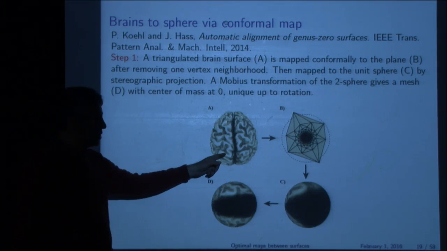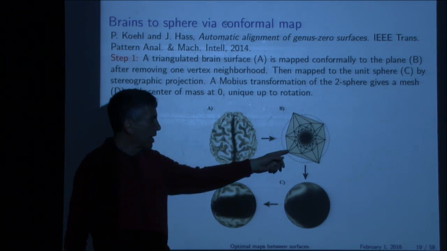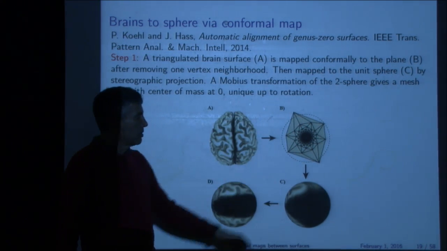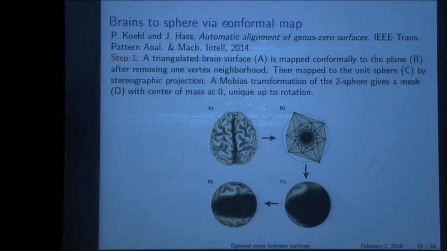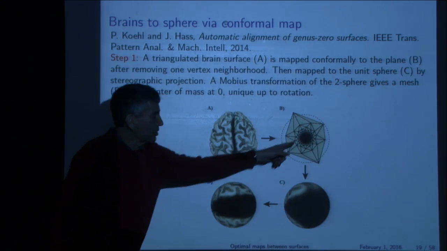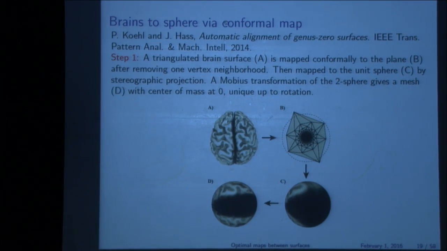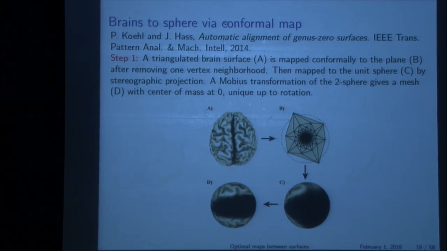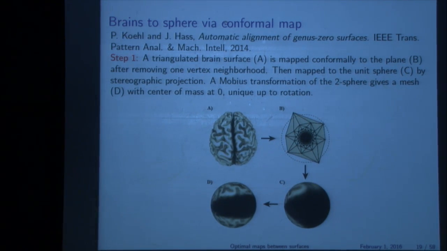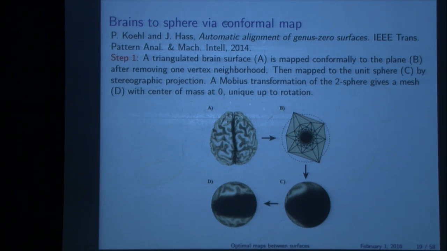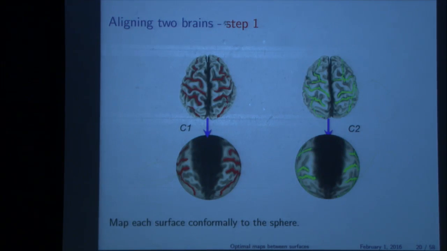There's about 100,000 triangles here, and you see them laid out in the plane here. And this map here is stereographic projection. So there's about 100,000 triangles in that black center disk there. And this composite map is a good approximation of a conformal map from the brain surface to a round two-sphere.